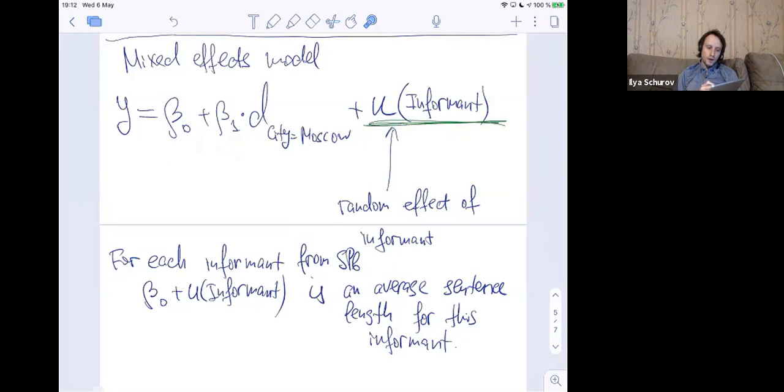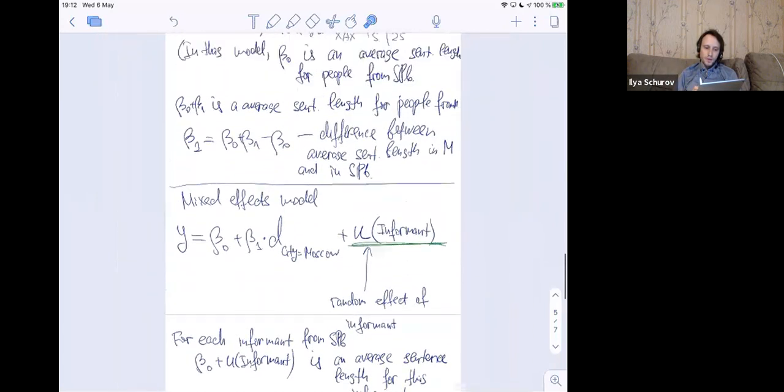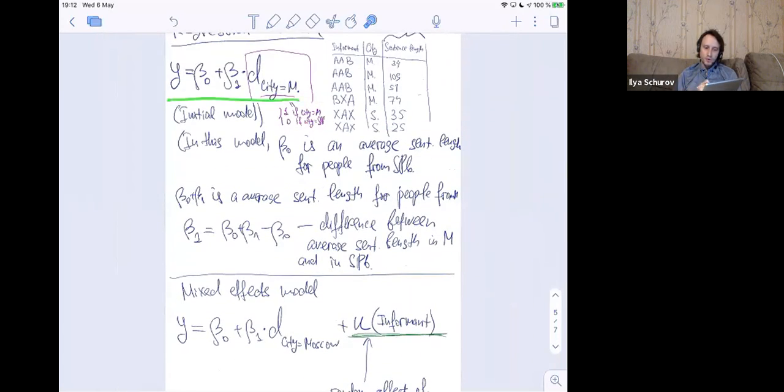But the idea is that we can create this model, and this model is more correct. It corresponds to the reality in a better way than this model, because in this case we ignore this informant variable, and we believe that all these rows are generated from the whole population again.